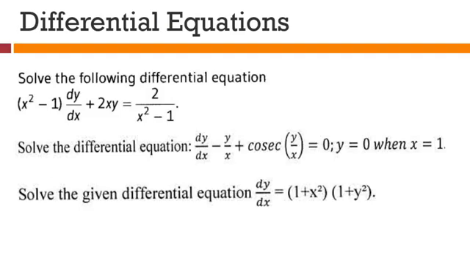Once you put y by x, you have to solve it using the simple variable separable form. The third can be asked as a 1 marker or 2 marker, a direct variable separable form. Although people might go for multiplication at once, you don't need to do that. It's simply dy by 1 plus y square equal to 1 plus x square into dx, right?